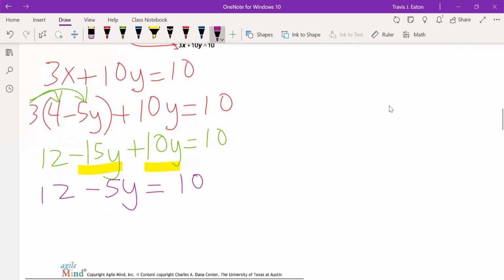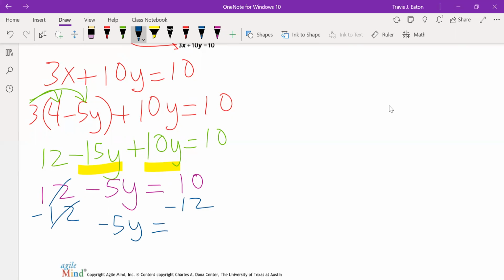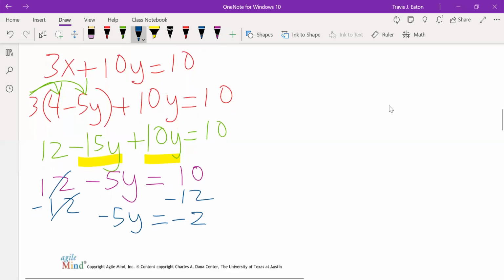Now I need to try to get the y by itself, so I'll subtract 12 from both sides. These cancel each other out, and I'm left with negative 5y equaling 10 minus 12, which is negative 2.